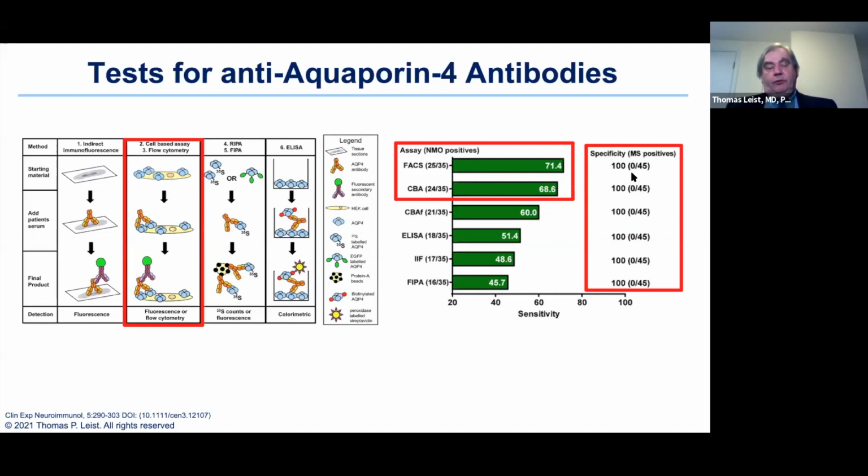As we have developed the anti-aquaporin 4 antibody, it became also clear that some of the patients that we view as having neuromyelitis optica spectrum disorder don't have this antibody.